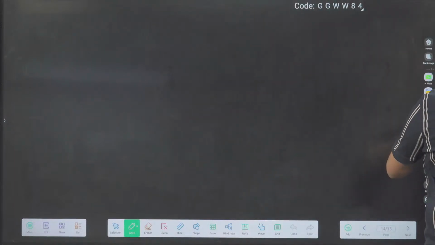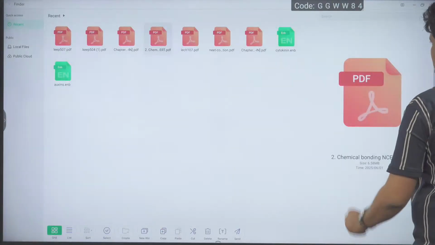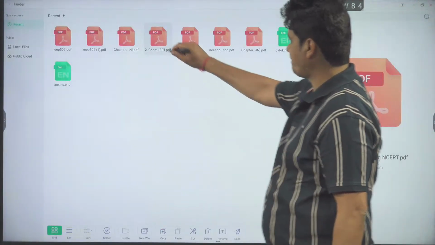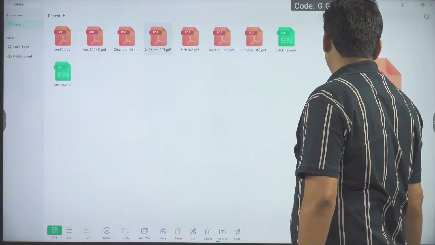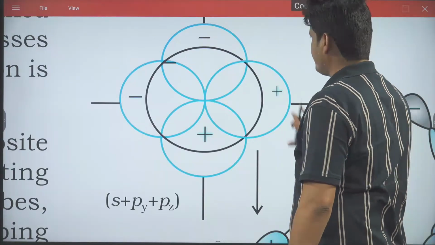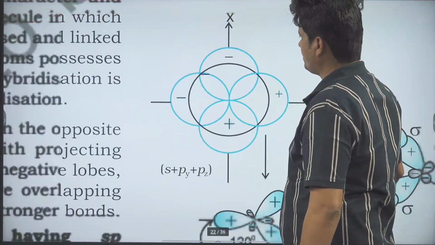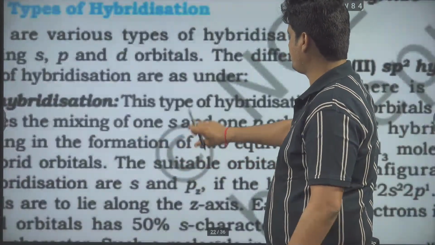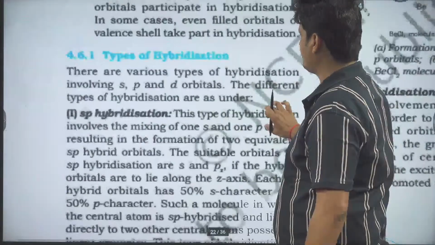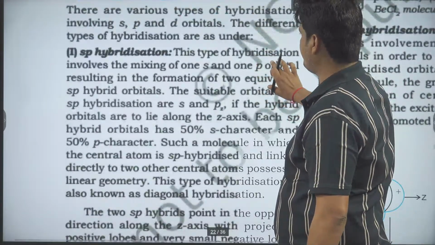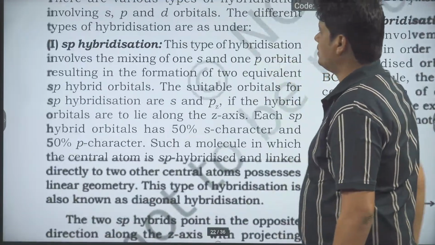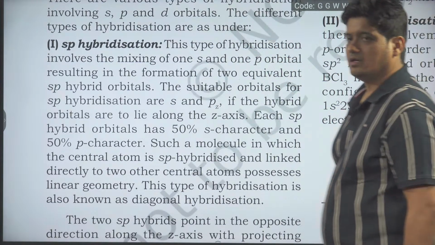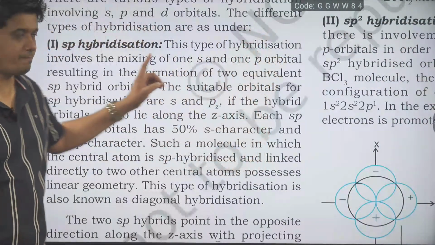Before that we'll observe the NCERT. Here, sp hybridization, this heading is written there. You can check it.